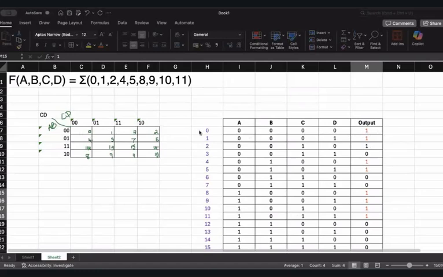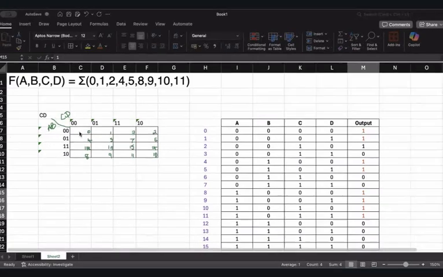You know how to plot a K-map now, so directly from there you can do it. If not, from here itself you can do it. You're going to simply find where is 0. So 0, 1. After that, 1 also 1. Then 2, it's here, 1. 4 also 1. 5, 1. 8, 9, 10, 11. So these are the places where you have this one.